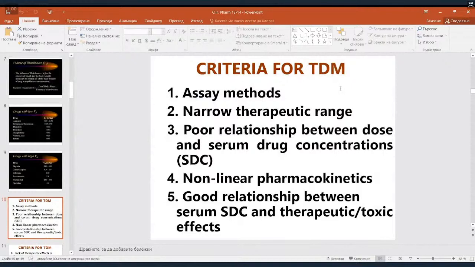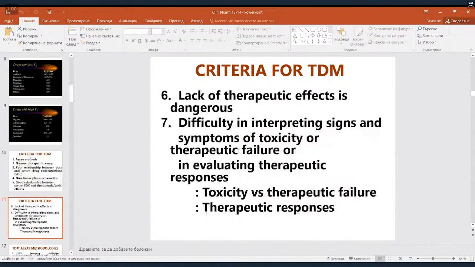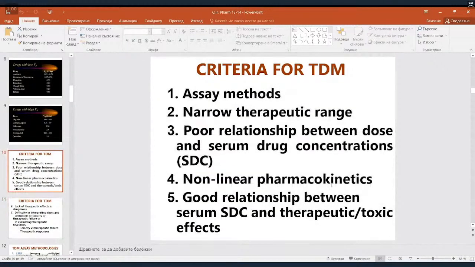Criteria for TDM. The assay methods are very important in TDM, and we also need to have a very good relationship between the serum drug concentration and the therapeutic or toxic effect, which means that if we are going to do TDM, we should expect that the drug, when its concentration is very high, is going to have toxic effects.